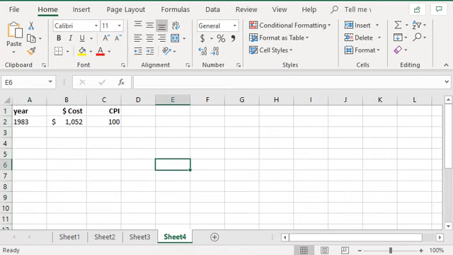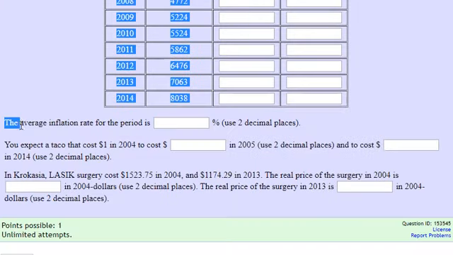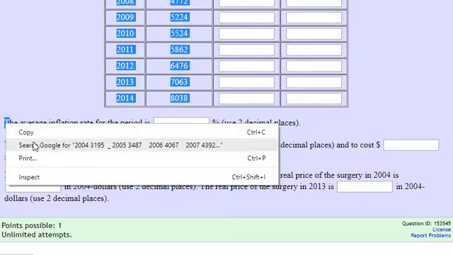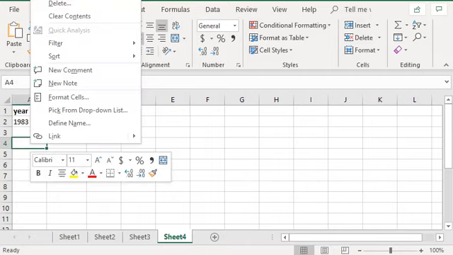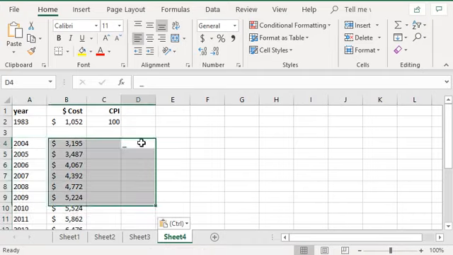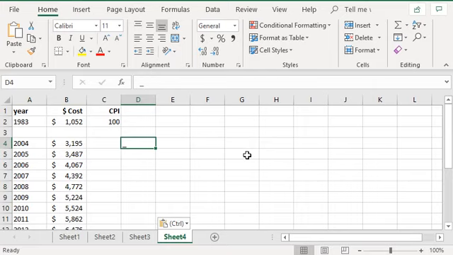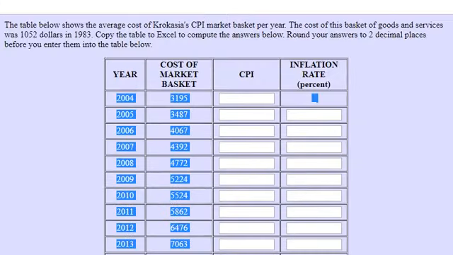Okay, now we need to copy the values from the table. So I'll go down here and copy the values from the table and put them in Excel. And I think this last column is inflation, right? Yeah, last column is inflation.